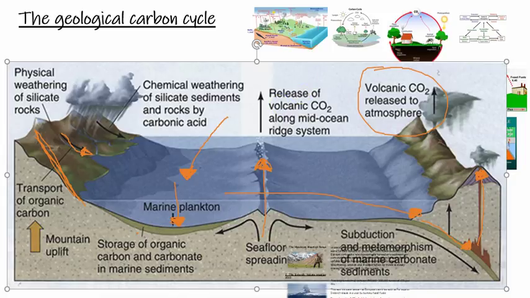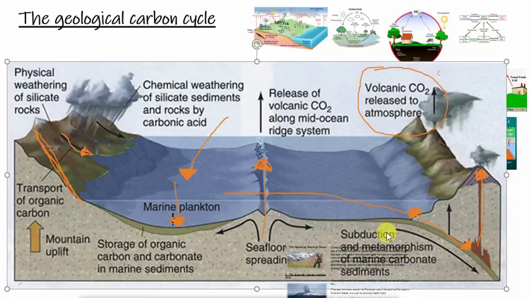Now, one of the learning objectives was the differences in the speed of the fluxes. Well, if you think about these processes, weathering, slow process, mountain uplift, slow process, subduction and lithification, it takes millions of years for limestone to form.